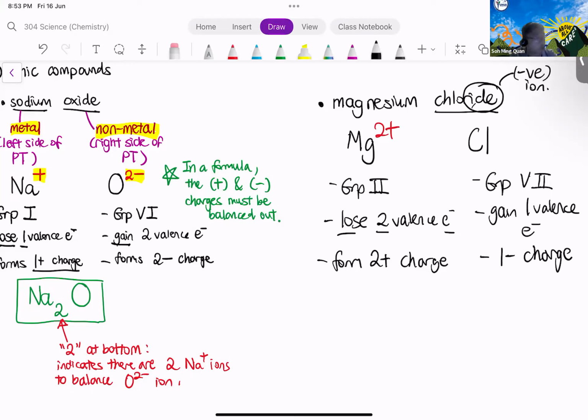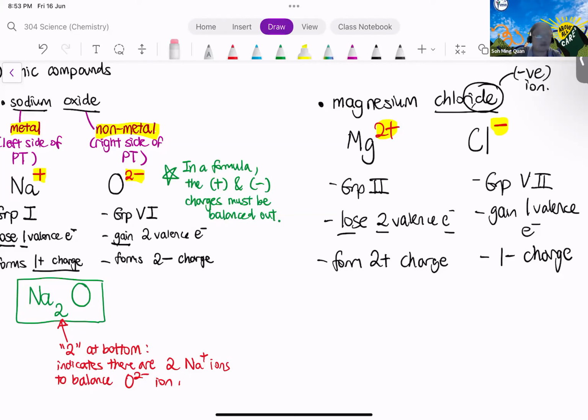So it's Cl minus. Okay, so 2 plus, 1 minus. Immediately you realize, okay, clearly this is another scenario whereby the magnesium is doubly positive. The chloride is only singly negative. The plus and minus are not the same. They don't balance out.